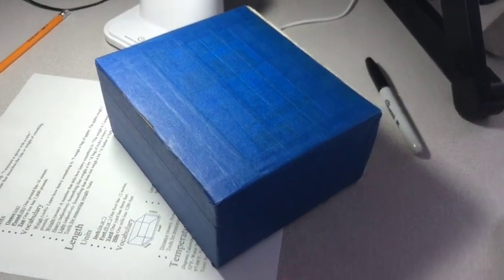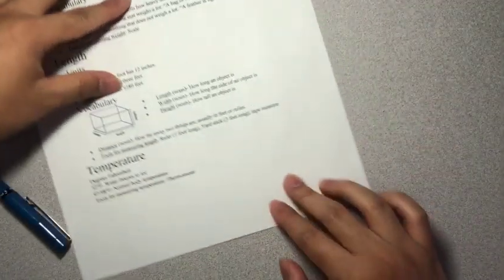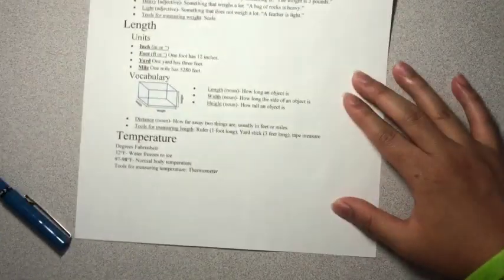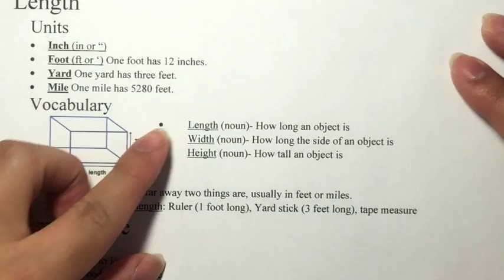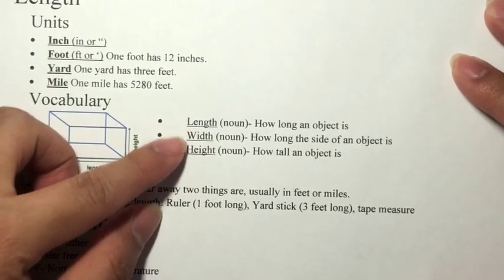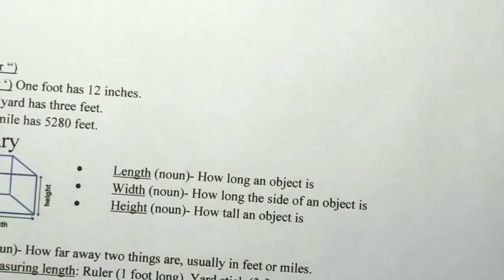This is the length of the box. And this is the width of the box. Or we can switch it and we can say this is the height going this way. This way is the length, and this way is the width. So the length and the width, we can switch them. It's okay. But the height is always up and down.